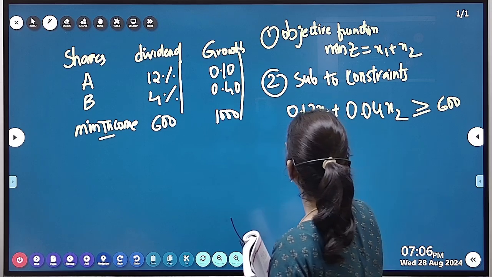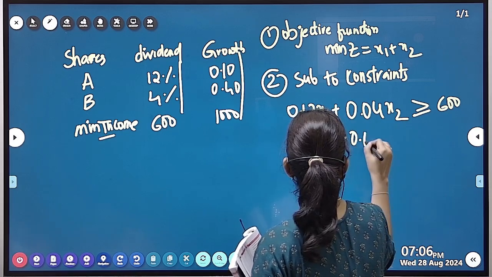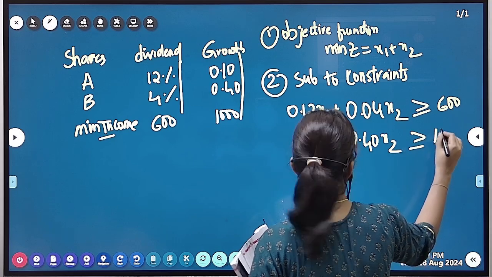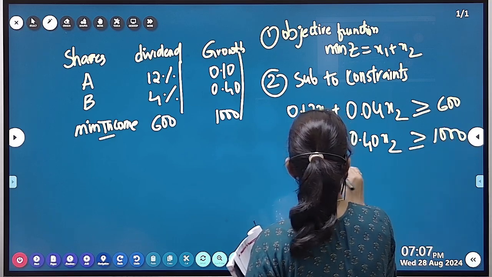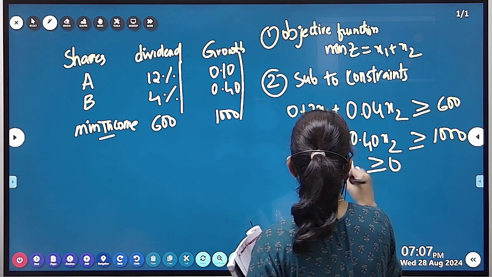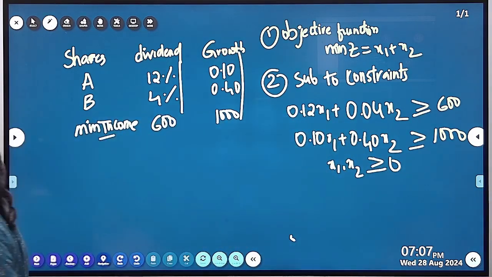Next, 0.10 x1 plus 0.40 x2 is greater than or equal to 1000, where x1, x2 are greater than or equal to 0. So this is the question.